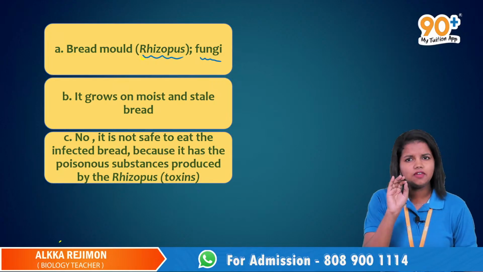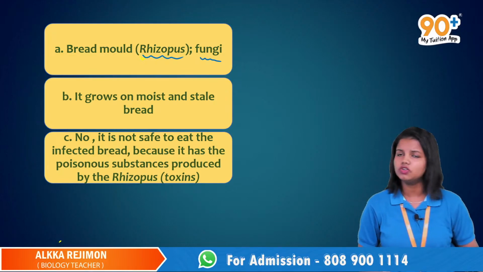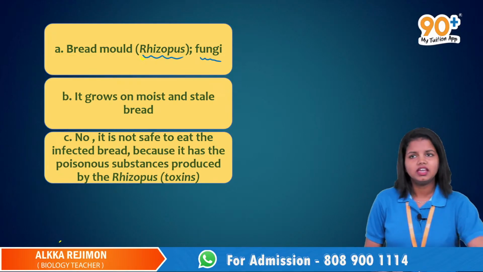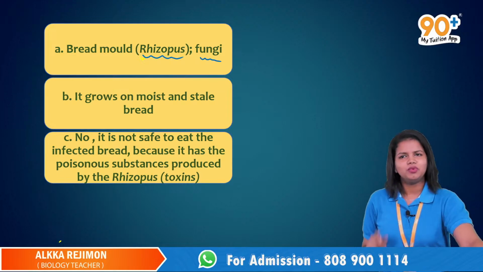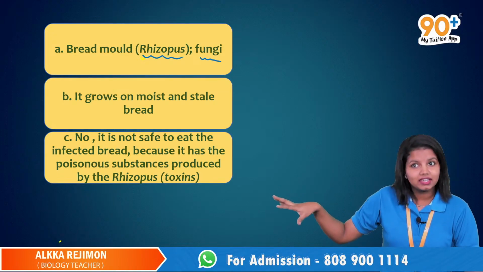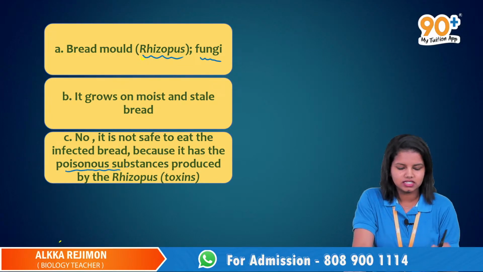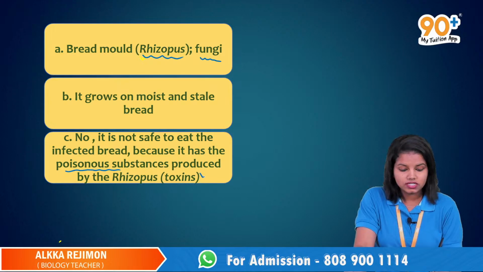And is it safe to eat such bread? If we eat bread on which this fungus has started growing, is there any problem? What problem could there be? Yes, of course, there is a problem. It is not safe to eat infected bread because it has poisonous substances which are called toxins.